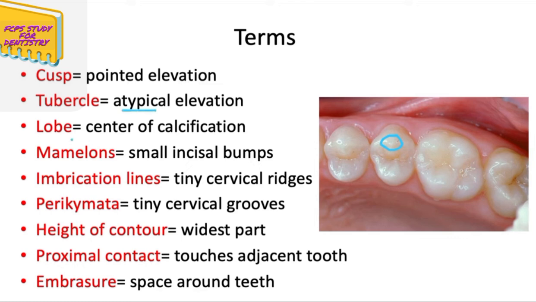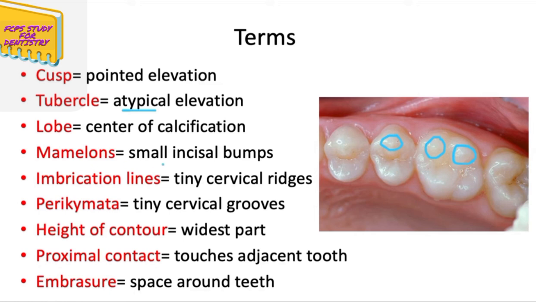A lobe refers to a center of calcification from which a tooth develops, basically the separate divisions that come together to form a tooth. Often in molars, the lobes will become individual cusps.